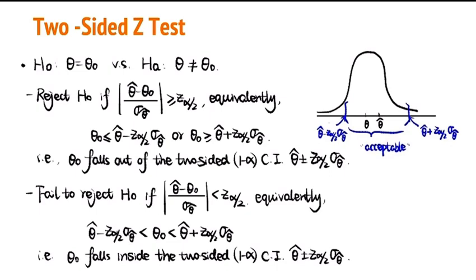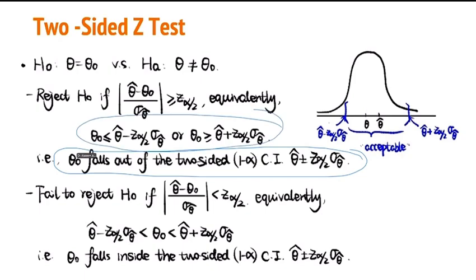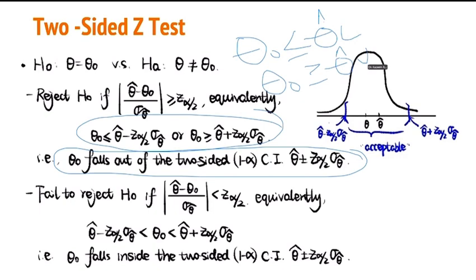So if I want to use the idea of a confidence interval, then if theta naught falls outside the two-sided interval, imagine a situation where theta naught is less or equal to theta cap lower, or is greater or equal to theta cap upper, that is falling outside.